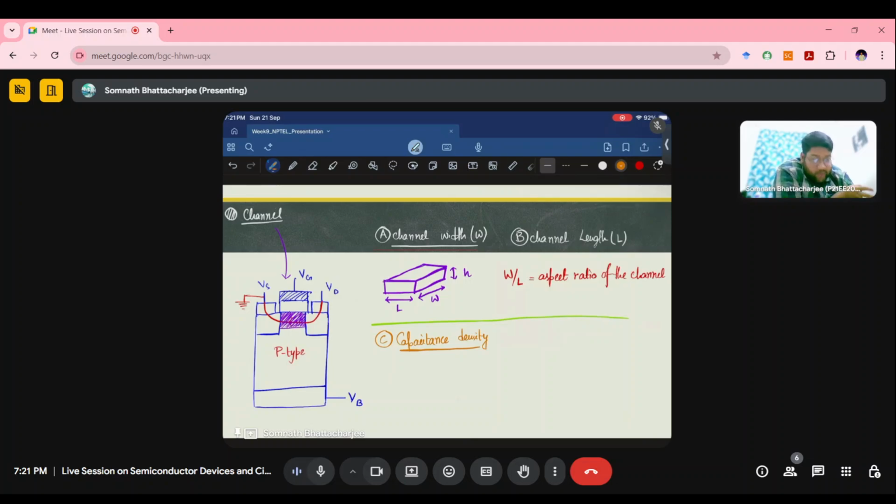Normally we know that as Cox, but based on capacitance density or CI, Cox is the oxide capacitance. We know this, and we know the area. So if we divide this by the channel area, we get the value of CI. Now Cox we know the value, and we can directly measure it from the CV characteristics.